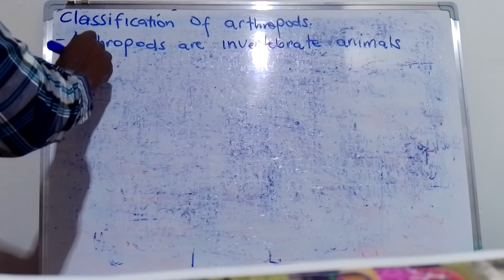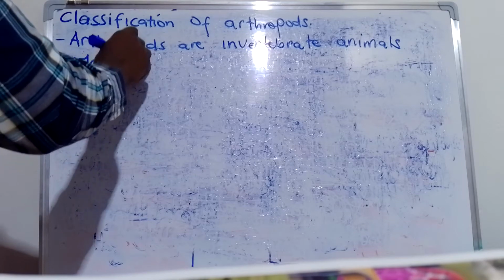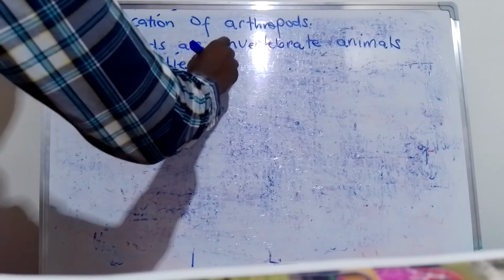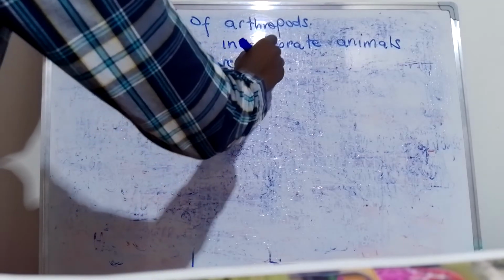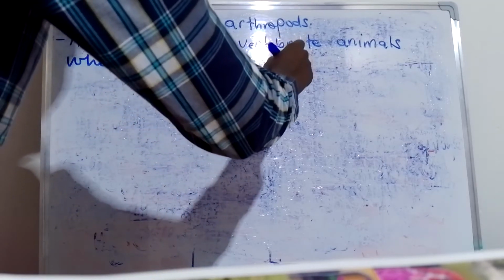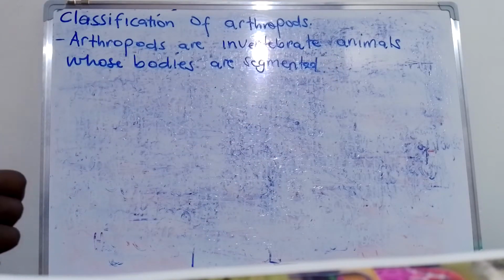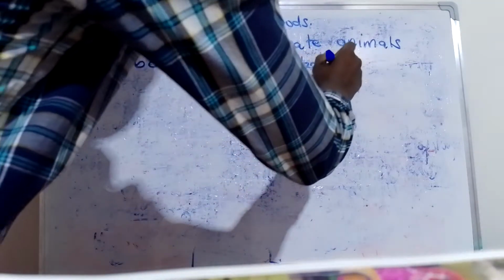Arthropods are invertebrate animals whose bodies are segmented, and they have jointed legs.